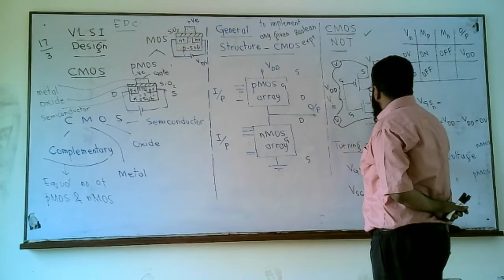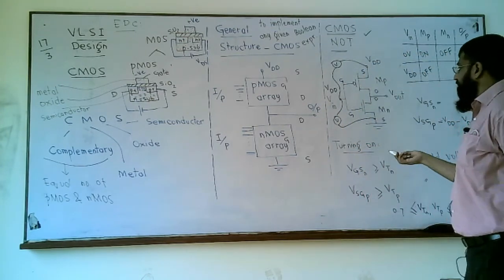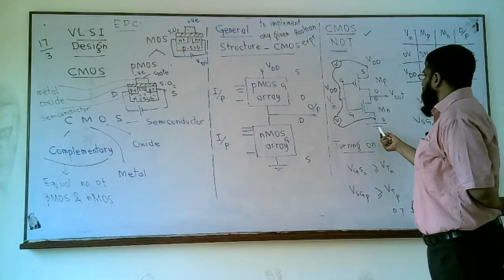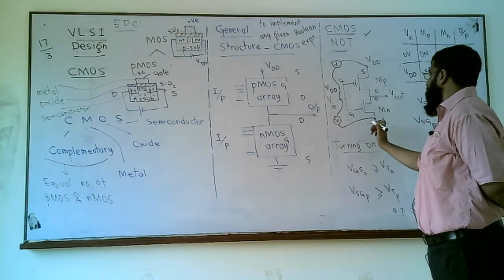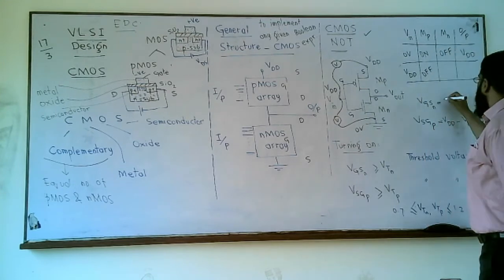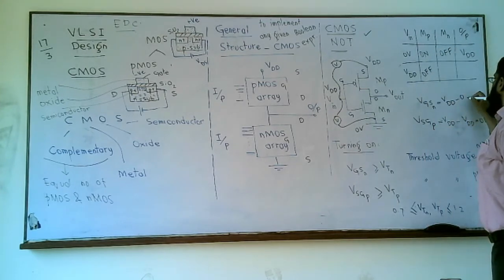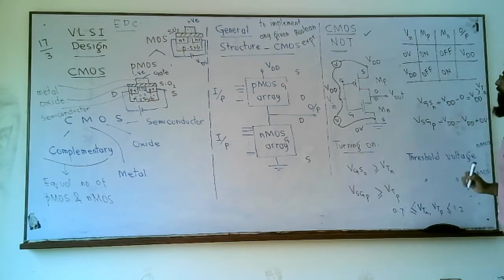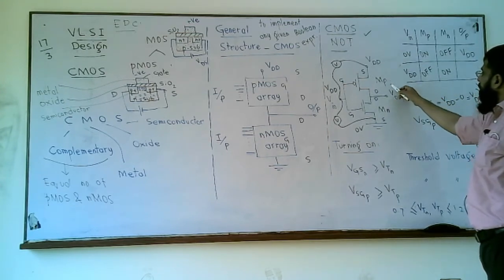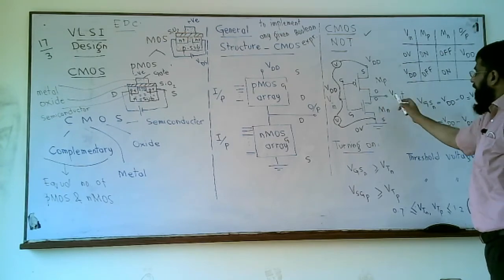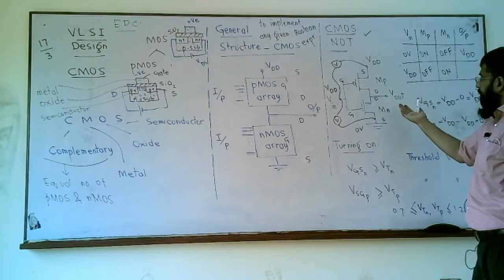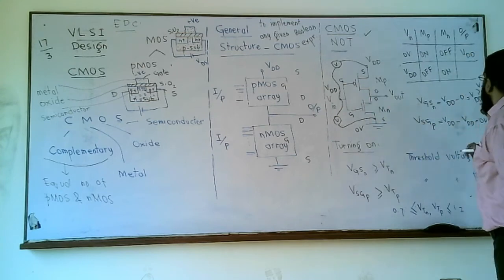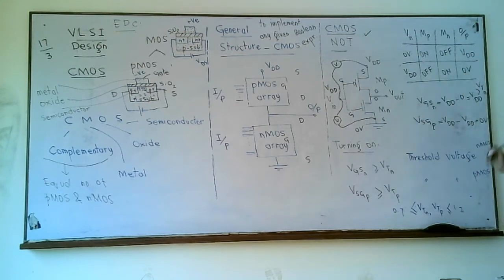Put the same voltmeter here and check. VGS, with the source at 0 volts, is VDD minus 0, which is VDD, and VDD of course is greater than VTN, so this MN now turns on. So if you apply VDD as the input, MP is off and MN is on, providing 0 at the output; in other words, the output voltage is discharged through this path, and we finally get 0 volts at the output.